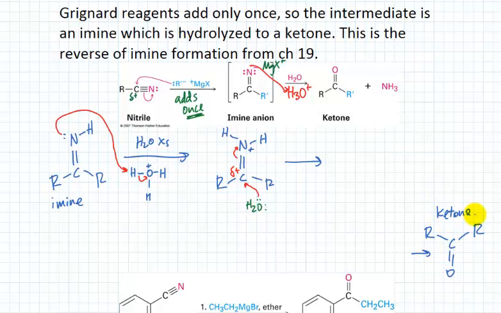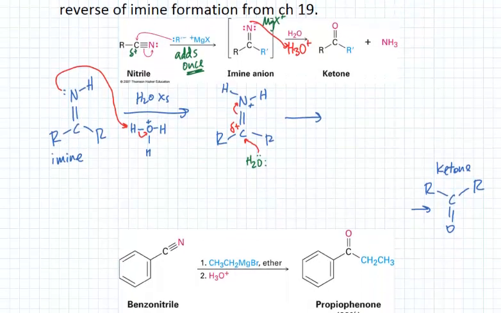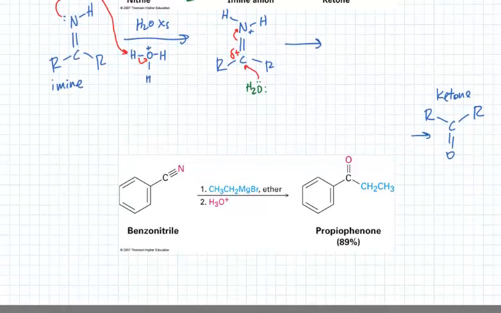So that might be good mechanism drawing practice for you. See if you're able to figure out what happens. If you get stuck, take a look at the mechanism for making a ketone into an imine, and the arrows will be different, but all of the intermediates will be exactly the same, going backwards in this one as they were going forwards in that one.